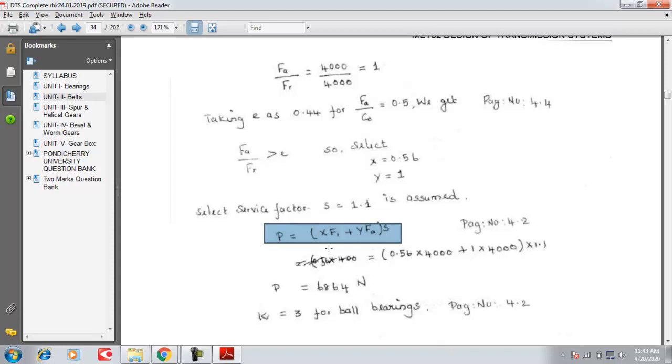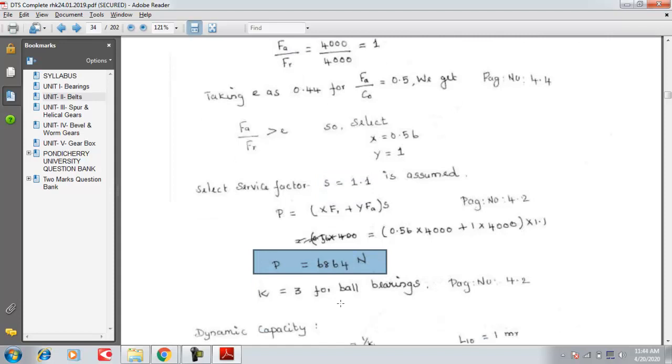That is P equal to X into FR plus Y into FA, the whole multiplied by S. Substituting those values, X equal to 0.56, Y equal to 1, and FR and FA, the radial load and axial load, are 4000 each. Then multiply by 1.1, that is the service factor S. The equivalent load will be calculated.